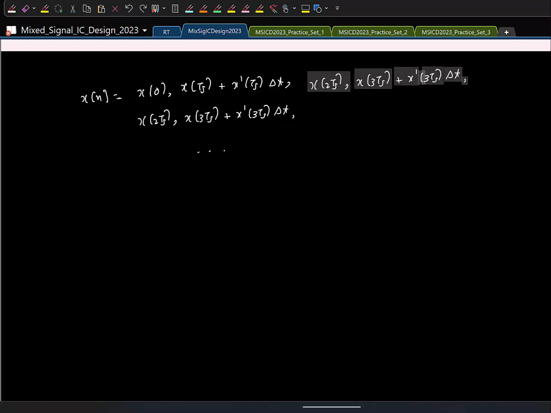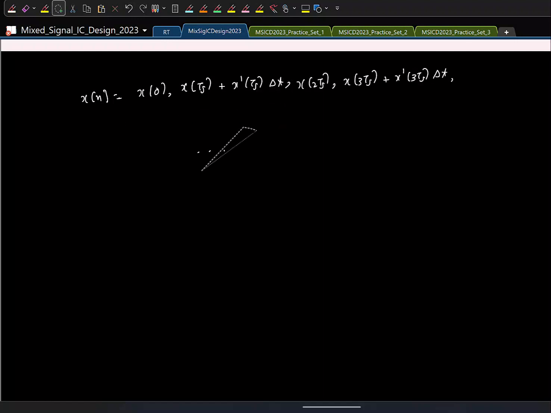So how can I represent it in terms of the ideal sequence? The first term will be 0. The second is basically x dash of ts times delta t. The third is 0.